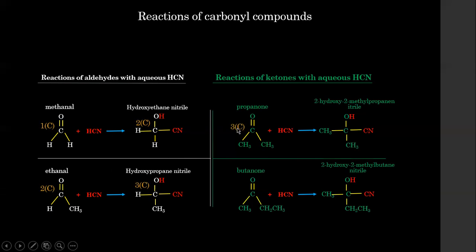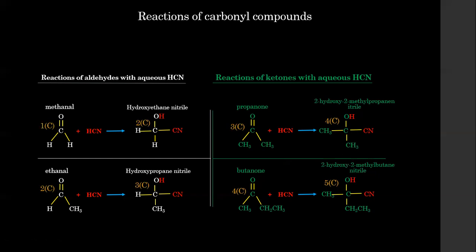And then propanone has 3 carbon atoms. Prop means 3 carbons, but it is going to a compound having 4 carbon atoms. And butanone has 4 carbon atoms, and its product, when it reacts with HCN, is going to have 5 carbon atoms. So this is a very, very important point you must remember.